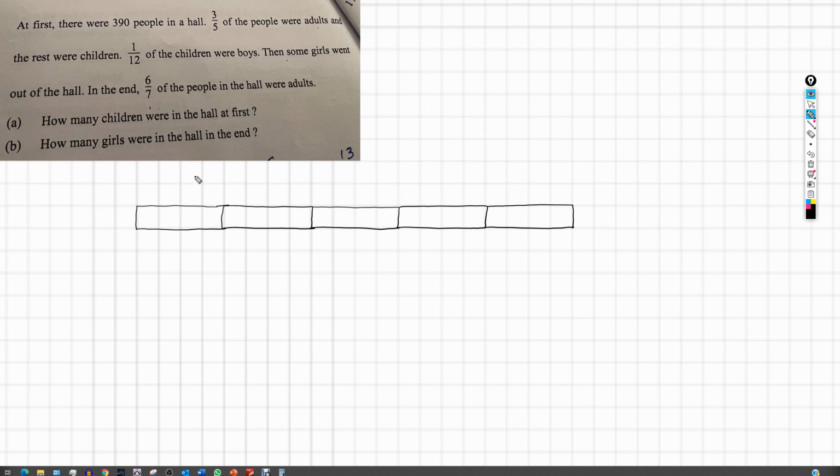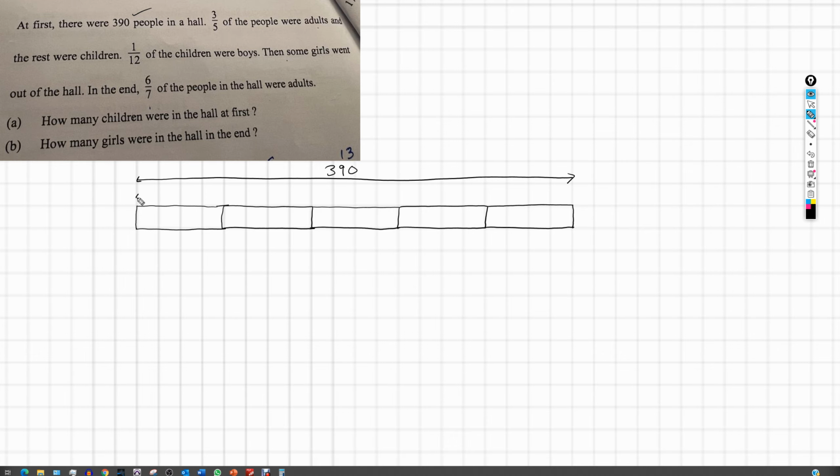So this is how many people were in the hall. The 390 people in the hall divided into fifths. So this is 390. So we've got that information in there. 3/5 of the people were adults.